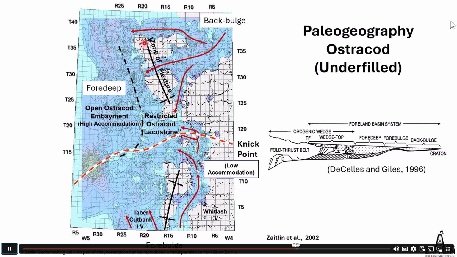What I'm trying to get at is that there was a change in flexure and isopac, so that we can have multiple zones of flexure, or we may have changes over time of where the peripheral forebulge was sitting within these types of units.